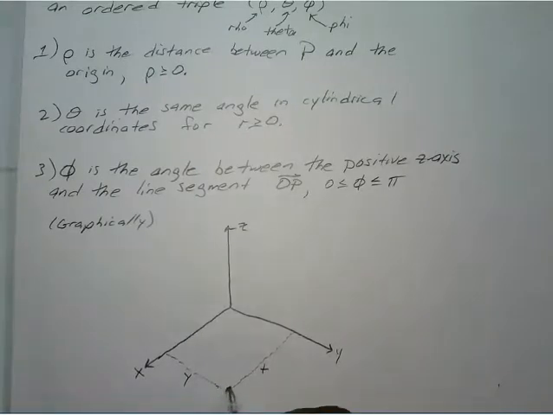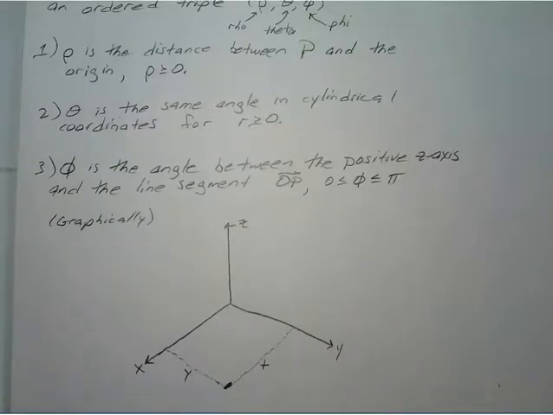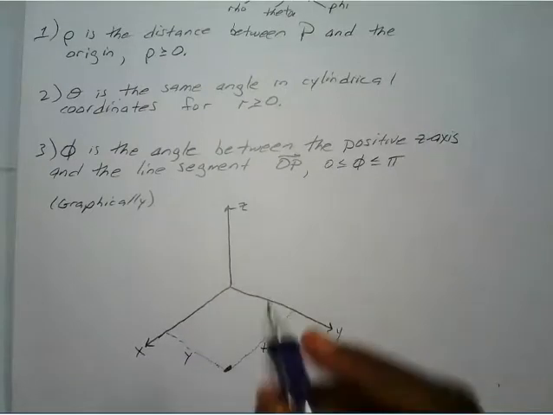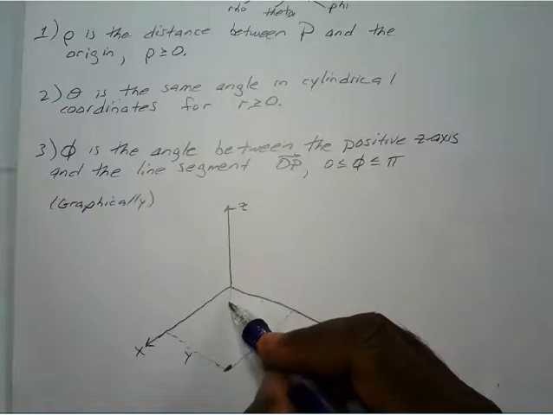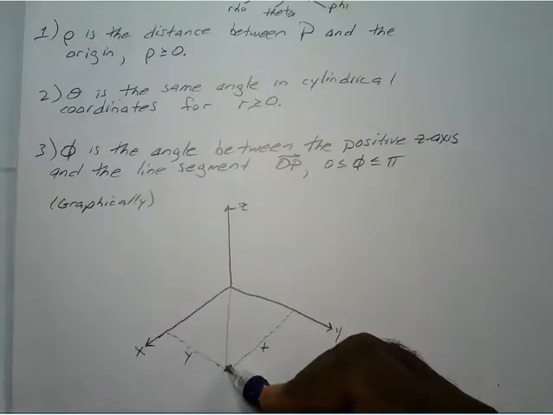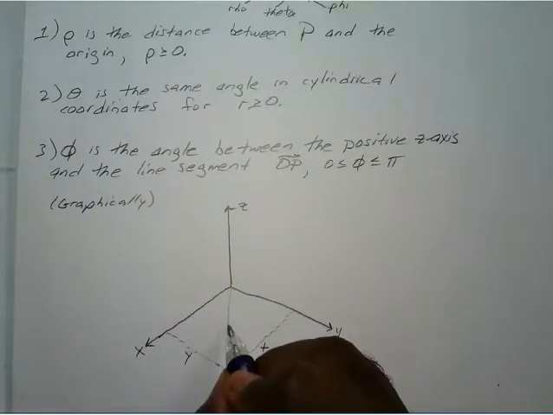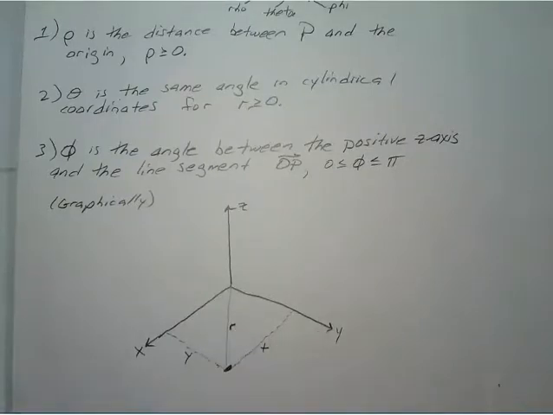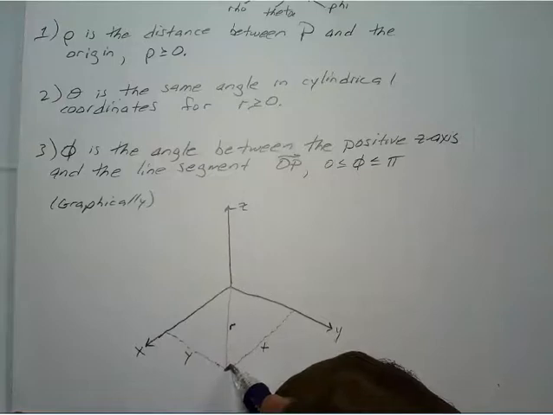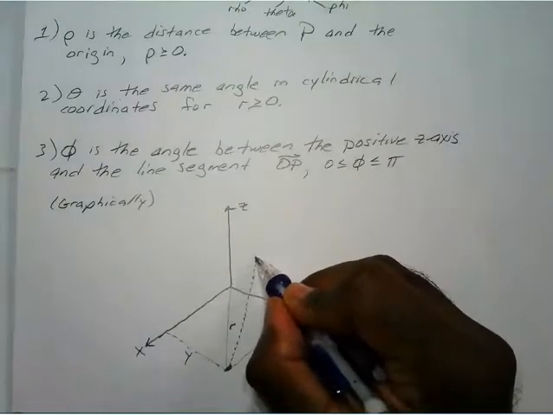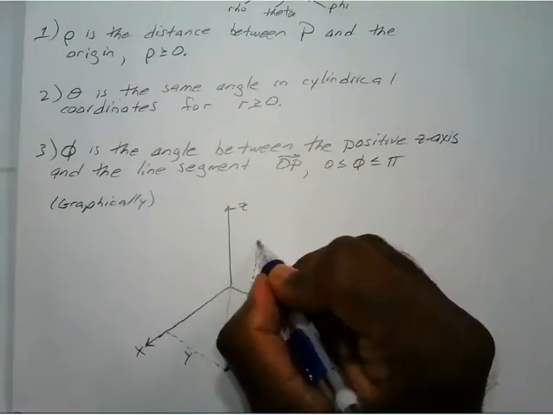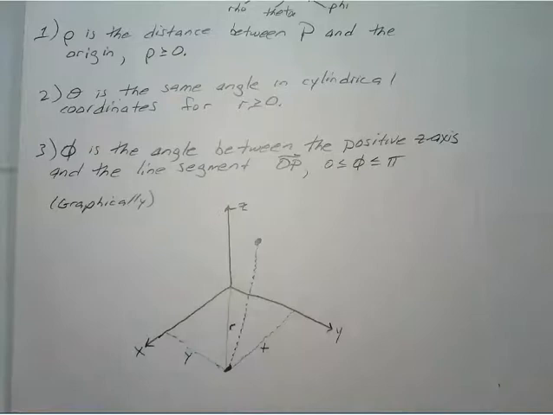Okay, so let's say we have that point right there for our x, y. Going out to that point is some radius r. Okay. So let's say we take that point and go up the z-axis to right there.